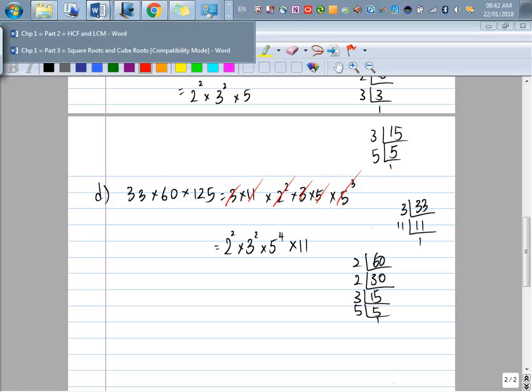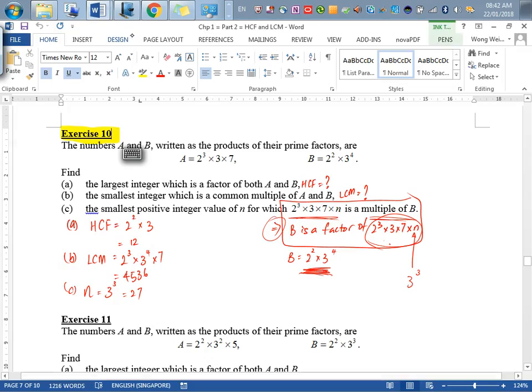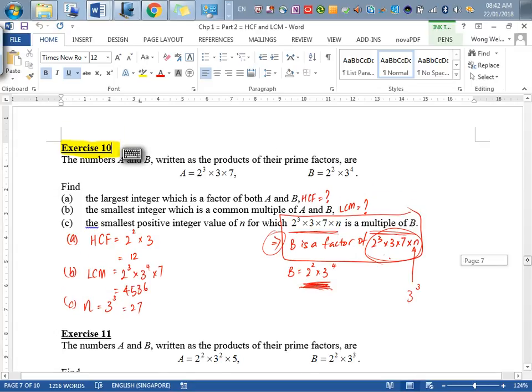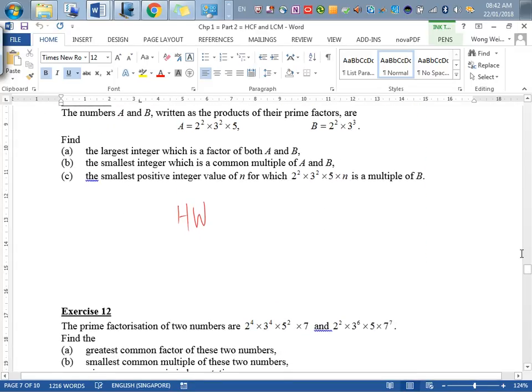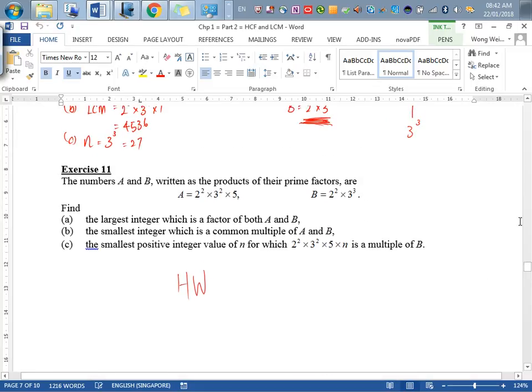Okay, next one. Please take out your part 2 of your notes. We have not finished with LCM. We last stopped at exercise 11.